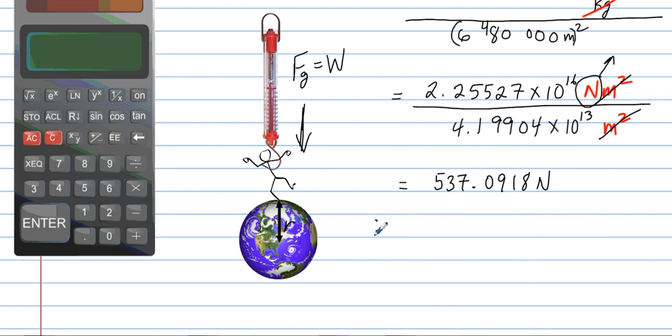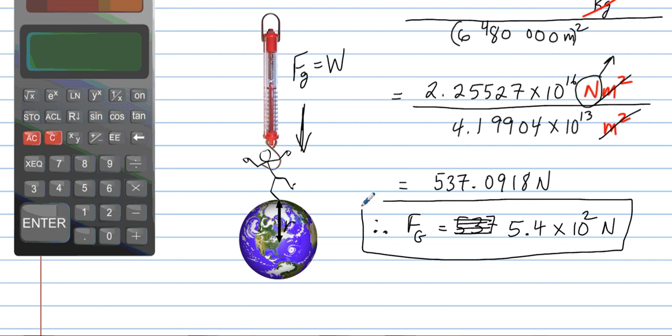And to the proper number of significant digits, the force due to gravity is equal to, 64 had 2, so 5.7 rounds the 3 to a 4, 5.4 times 10 to the 2 newtons of force.